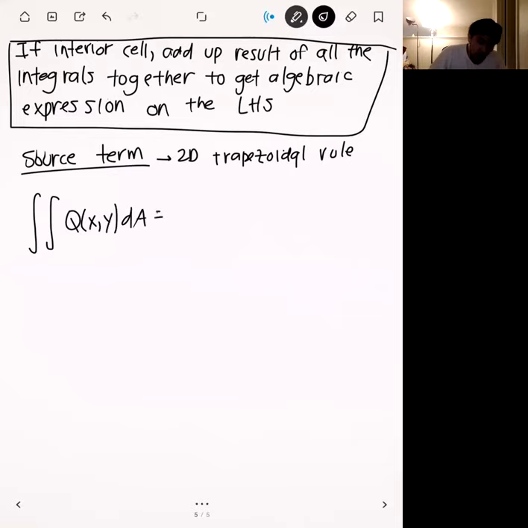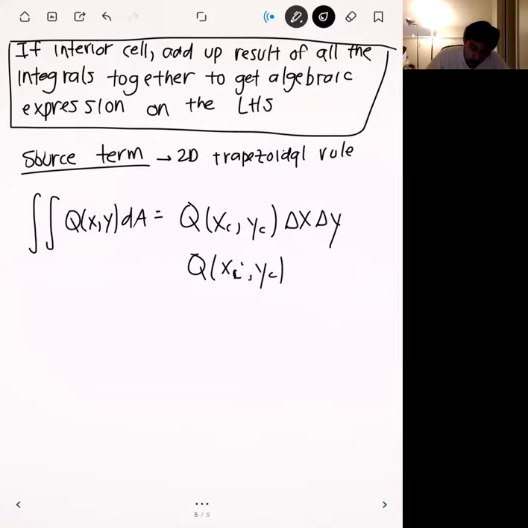To apply the trapezoidal rule here, we evaluate the integrand at the centroid of the cell, so it's going to be x_c, y_c. Then we multiply by the area of the cell itself, which is delta x, delta y. If we assume that these are the same, then this is going to be q at x_c, y_c, delta squared.